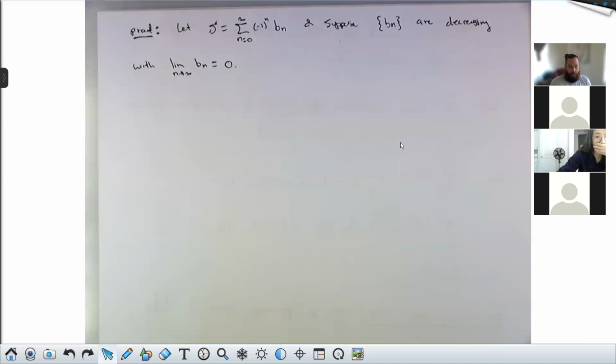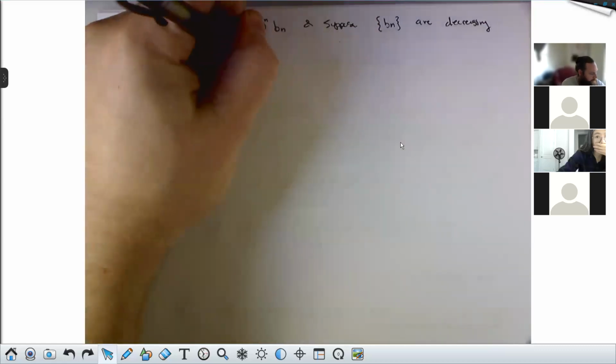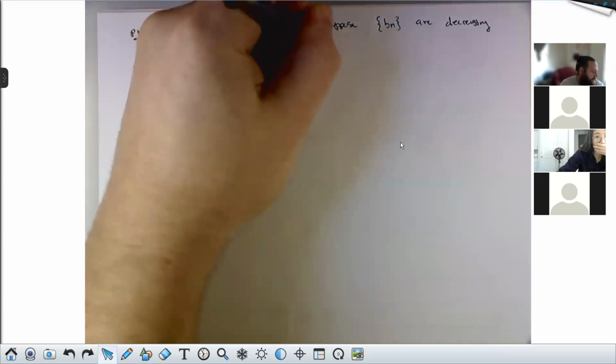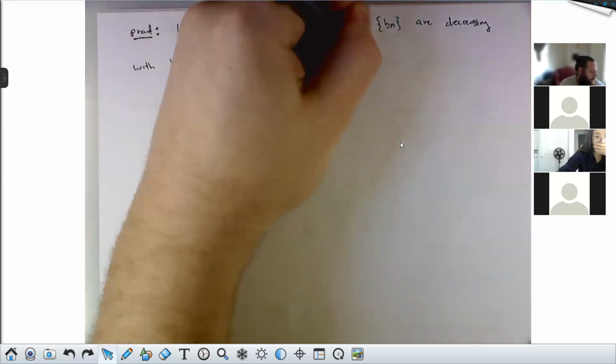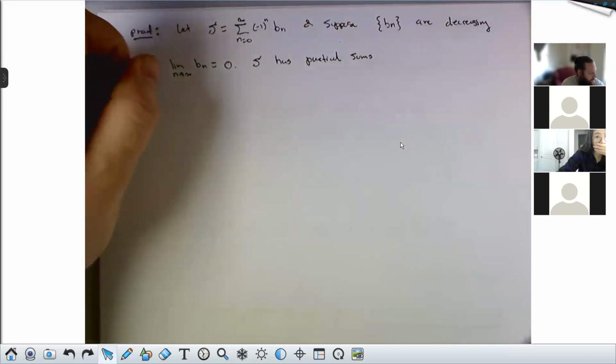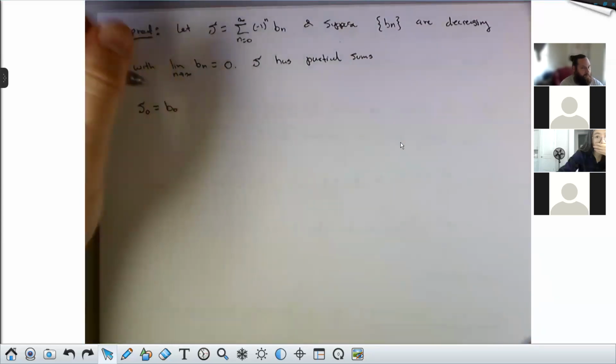Because none of our other convergence tests can be applied, the only way to argue that the series converges is to start working with the partial sums. So S has partial sums. I'm just going to write out the first few. S0 would just be b0.